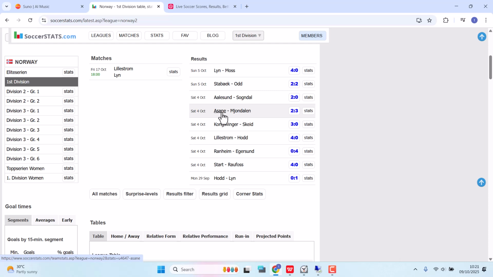Asane and Mjøndalen was an example in a recent live stream. Mjøndalen scored first. They're the underdog. Asane, very strong favourite, but I don't know anything about them. Go neutral and look at the final result, 2-3. And look at how that got over 2.5 goals by half time as well.